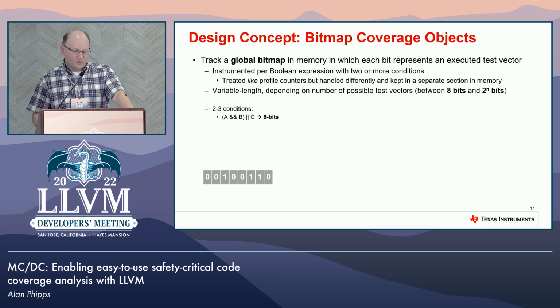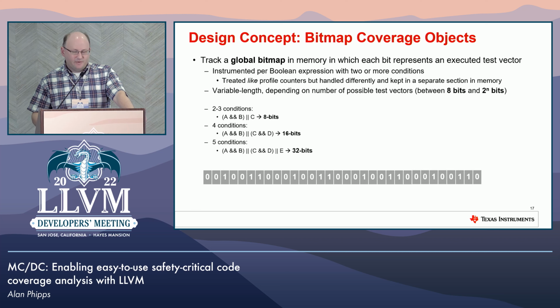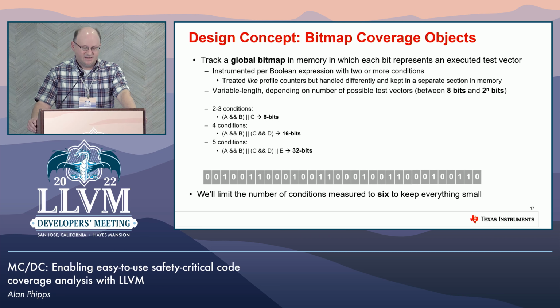You won't see anything more than about 3 conditions in an expression. A 4-condition Boolean expression would require twice that amount. 5 would require twice that again. It scales by bits exponentially, but we think it's safe to cap it at 6 just to keep everything relatively small and manageable.